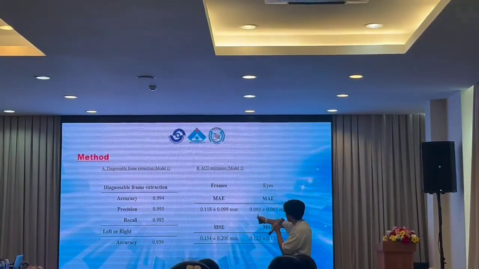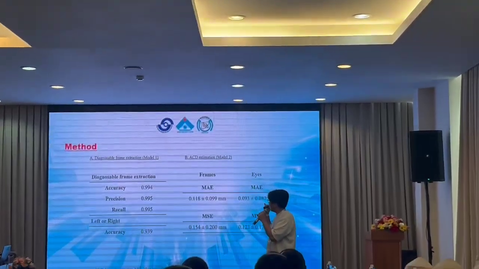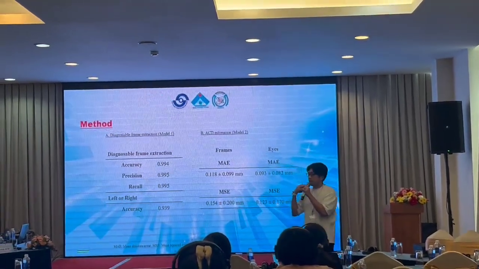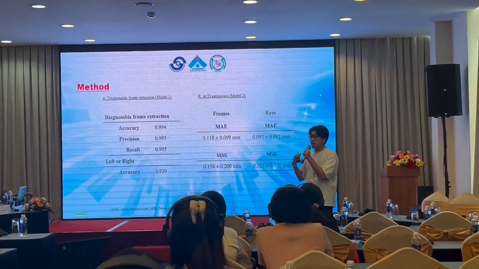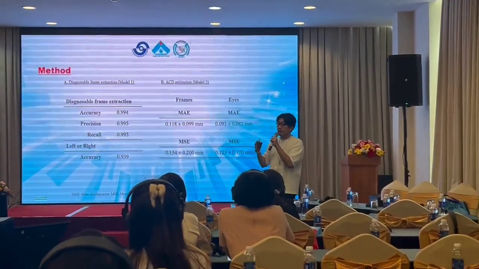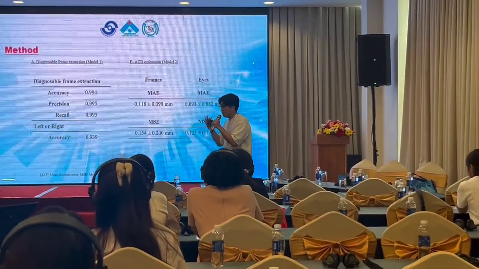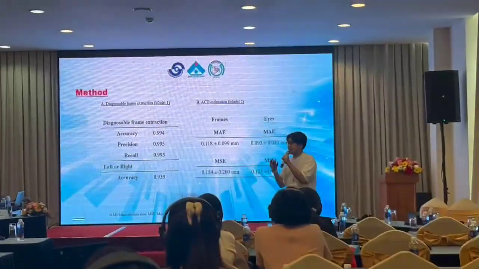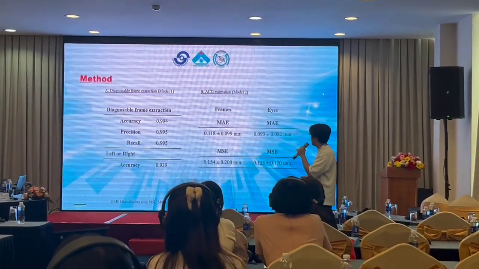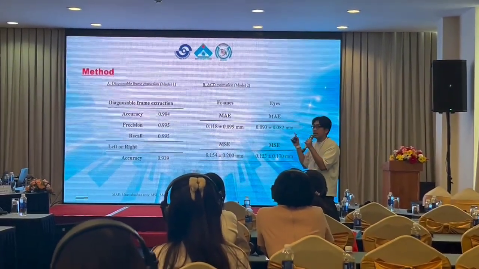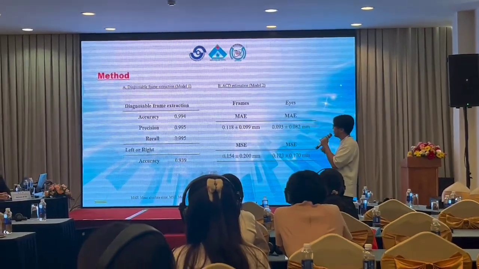For the left one, we show the performance of the diagnosable frame extraction, which means all those frames are eligible to measure the anterior chamber depth. The accuracy was pretty high, over 90.4%.